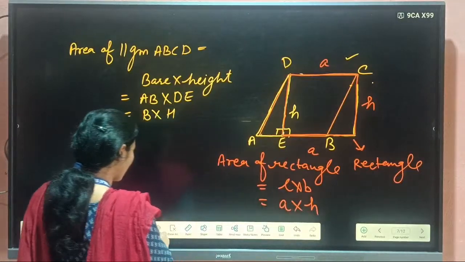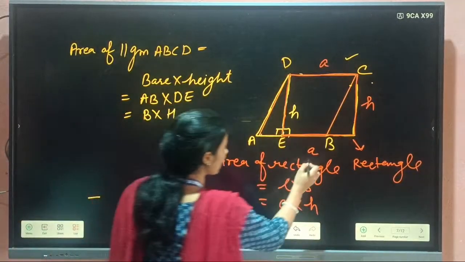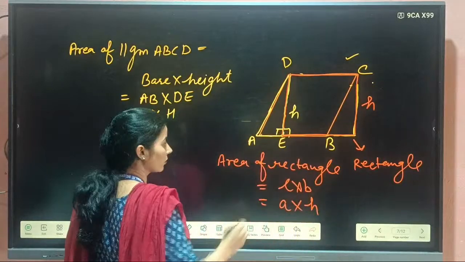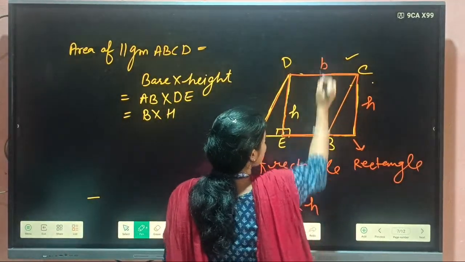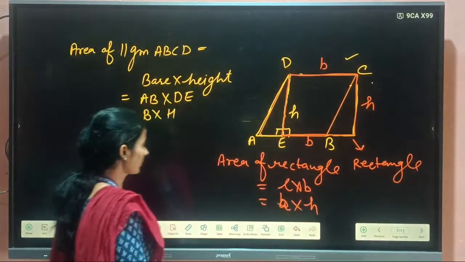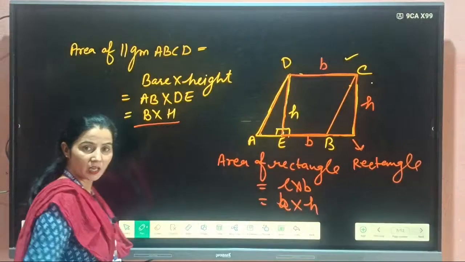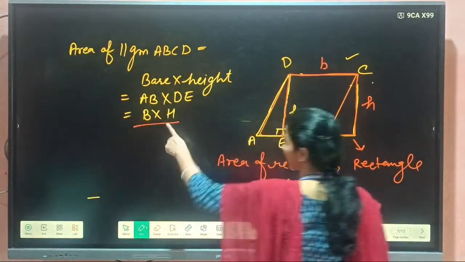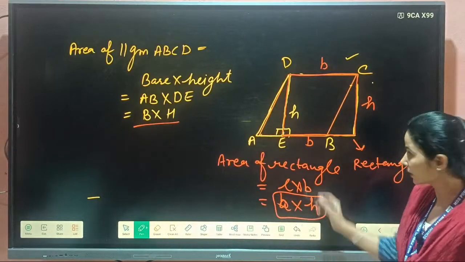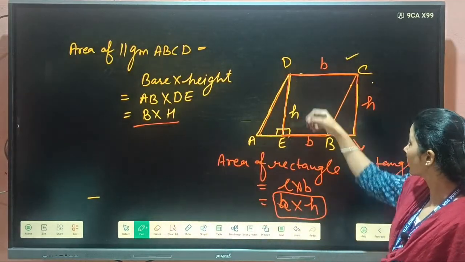In place of a, you can write base b, it depends on you, it doesn't matter. So what is the area of the parallelogram? Base into height, and the area of this rectangle is also base into height.